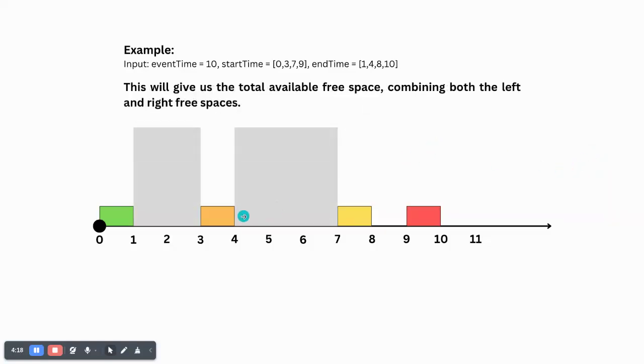If we slide the meeting to either left or right, that will give a free space of the left free space and right free space combined. So this will give us a total available free space combining both the left and right free spaces. What do I mean by that? When we slide it to the right, that will give us both of these summed up together.